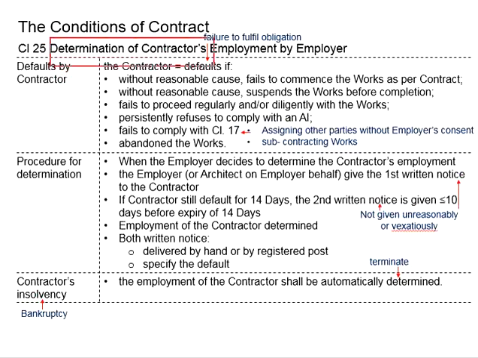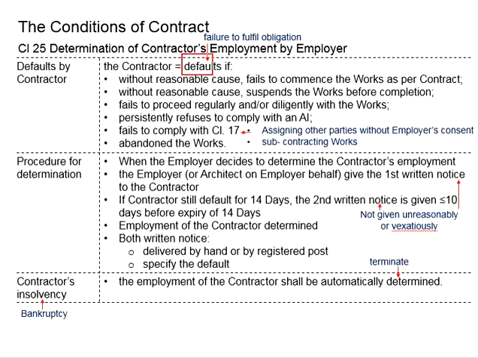This clause is about the determination of the contractor's employment by the employer. That means the employer determines whether to terminate the service given by the contractor, removing the contractor from the contract. This normally happens when the contractor is in default.